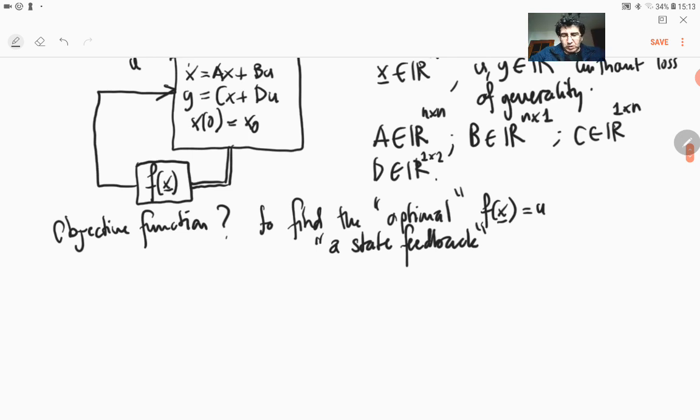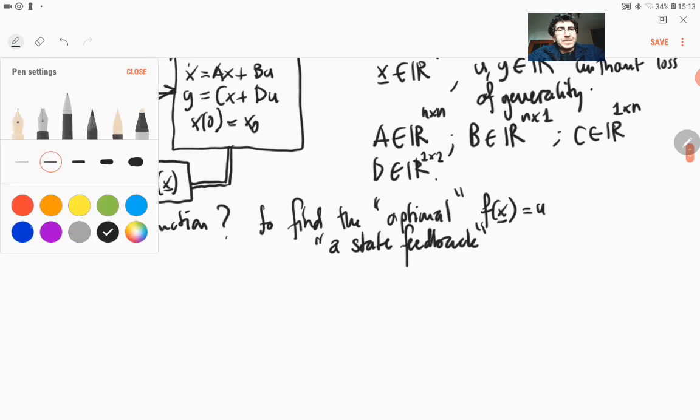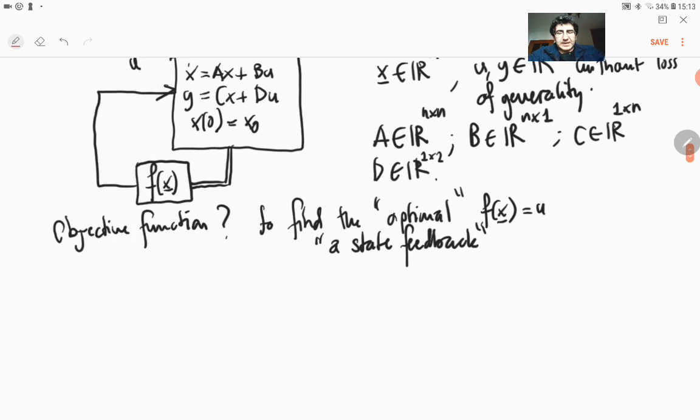So let's take a look at our objective function. It will be a function of u, and because it's also going to be a function of x, it's going to be defined as an integral from 0 to infinity, and I'm going to explain what these terms are.